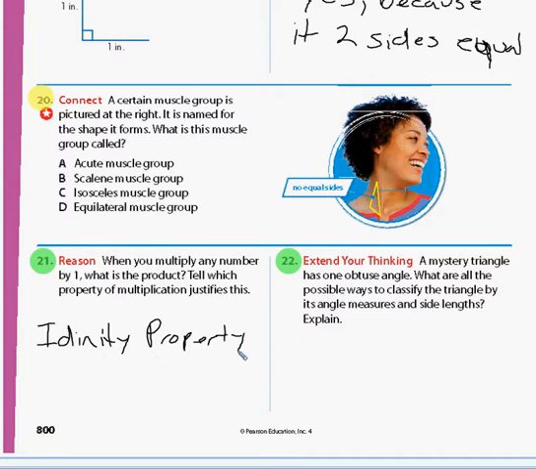So for instance, 2,920 times 1 equals 2,920.